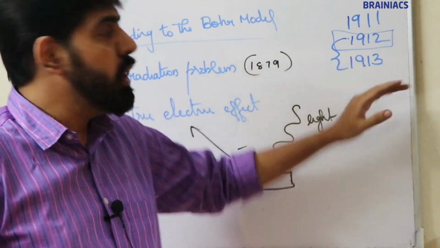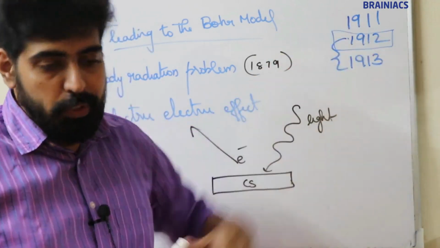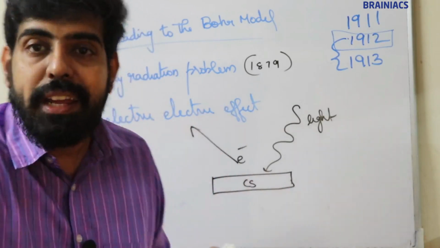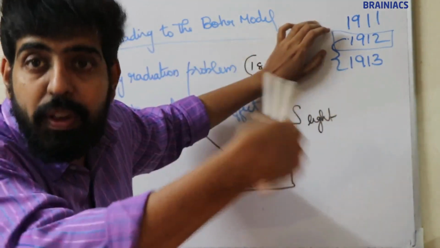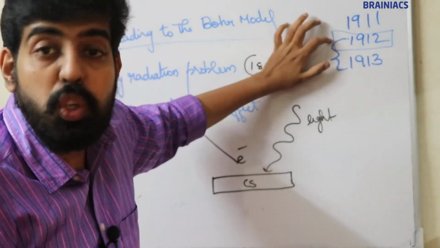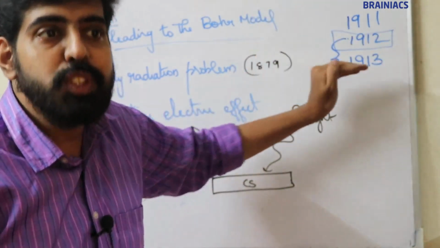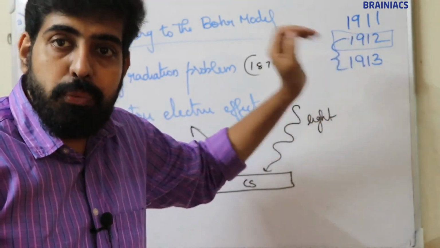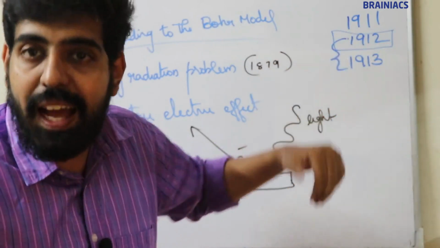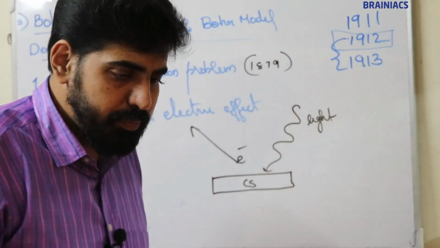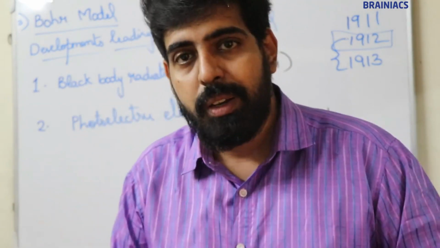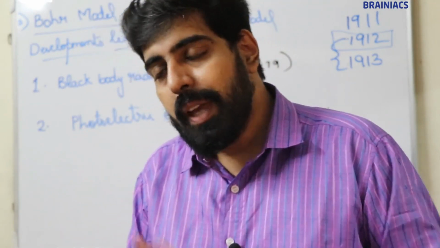Bohr proposed his model after gaining some ideas from scientific experiments which were explained in the year 1912. So what are the scientific ideas he gathered in the year 1912?